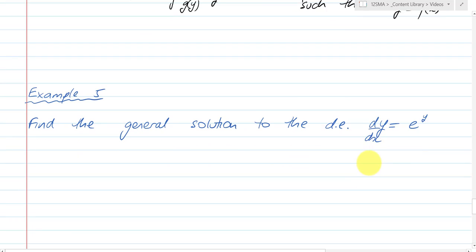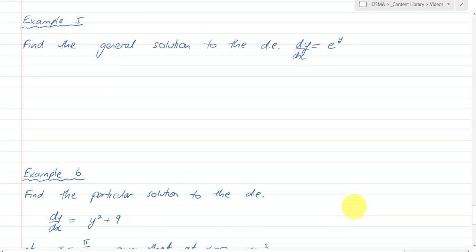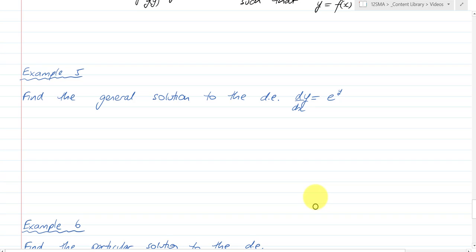So let's have a look at an example. Find the general solution to the differential equation. I've gotten a bit lazy here: dy/dx equals e to the y. So the general solution to this will be that dy equals e to the y dx, and therefore 1 over e to the y dy will equal dx, and we can integrate both sides.